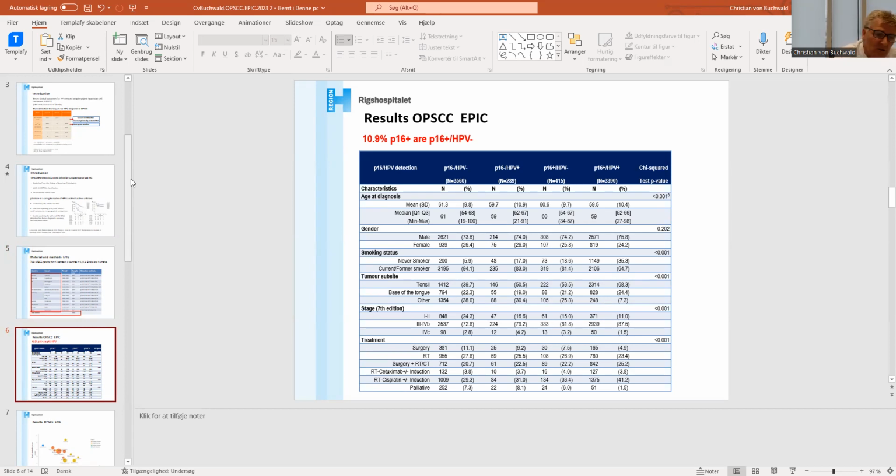We have the stage, which is according to the 7th edition of the UICC classification. Also shown on this slide are the treatment modalities. And you see that by far most patients have been treated with radiotherapy plus or minus chemotherapy. But also more than 10% have had surgery as the only modality.